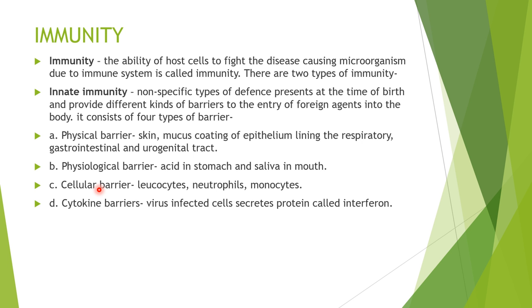Leukocytes mean the white blood cells of our body, like the polymorphonuclear leukocytes, also called neutrophils, monocytes and natural killer cells in the blood, and macrophages in tissues. This is about the cellular barrier.